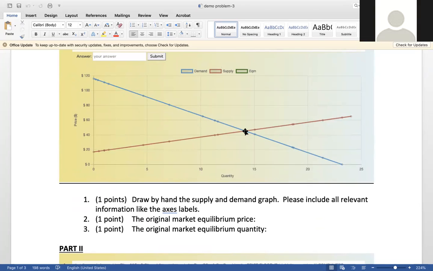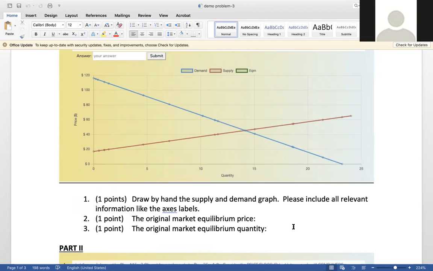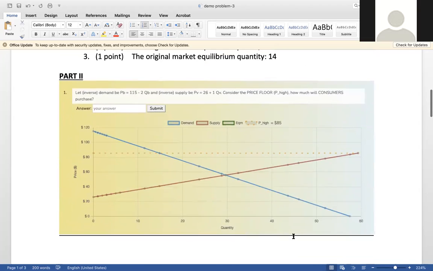That one looks like it's about 42, and the quantity looks like it's about 14, right, for that one. So for example, you would put your answer here, market equilibrium price, and you would write, like it looks like it's $42, and market equilibrium quantity, we said 14, and that sort of thing.